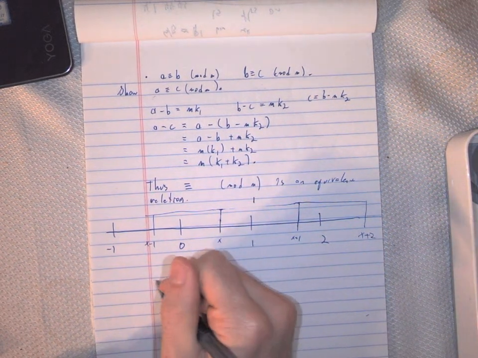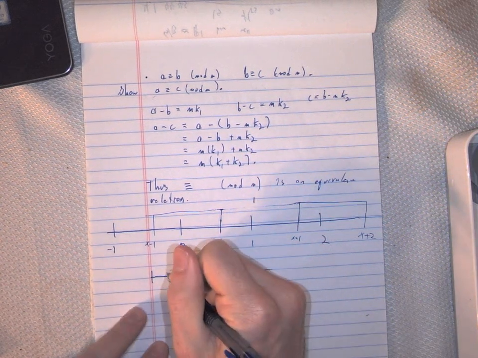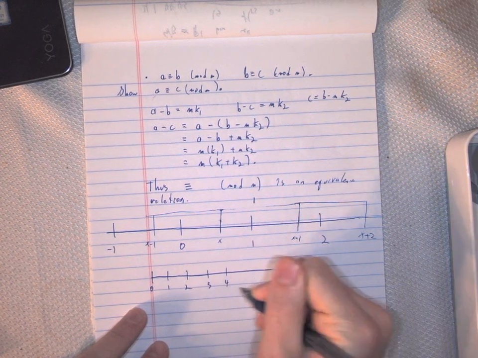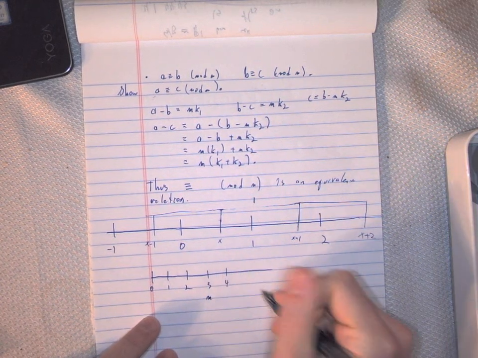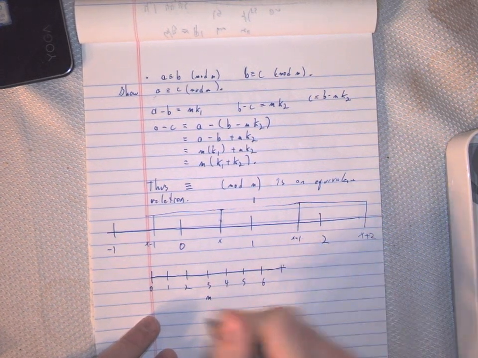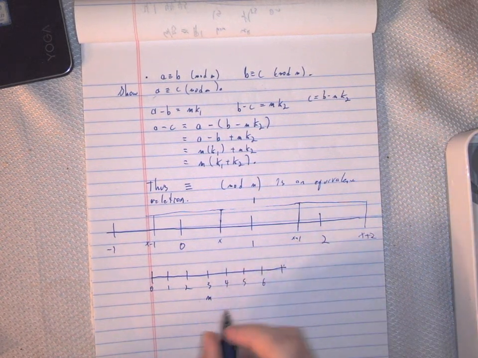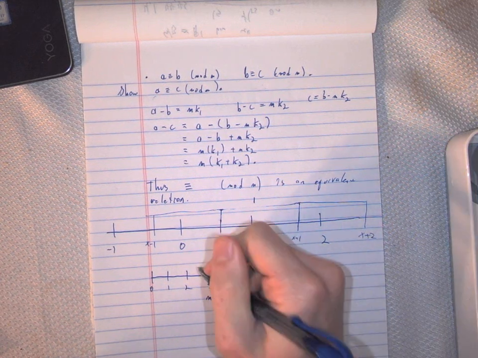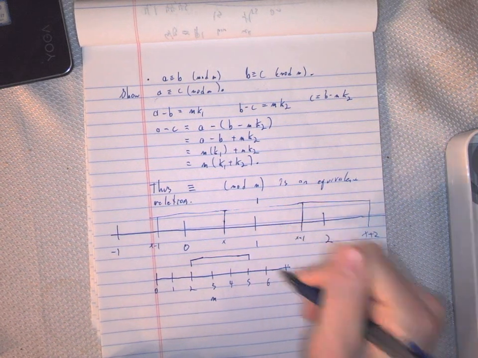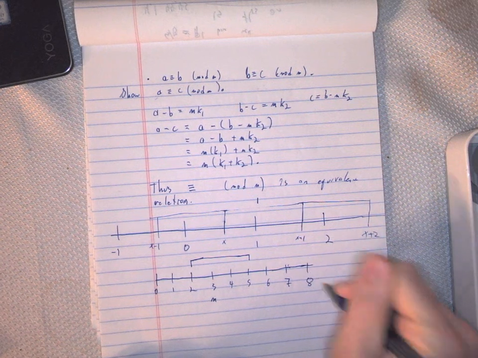Whereas in the modular arithmetic land, if we let this be 0, 1, 2, 3, 4, 5, 6, let's let m be equal to 3. Let's look mod 3. Then if I pick some integer like 2, all the things that are equivalent to 2 modulo 3 are all the integers that I can reach by taking steps of 3, right? 2 is going to be equivalent to 5, which is going to be equivalent to 8, right?